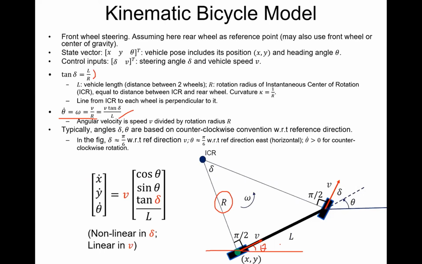And in the y direction, the north direction, you have v times sine theta. And then you have this relation: theta dot equals v times tan delta divided by L. And the system control inputs are v and delta.